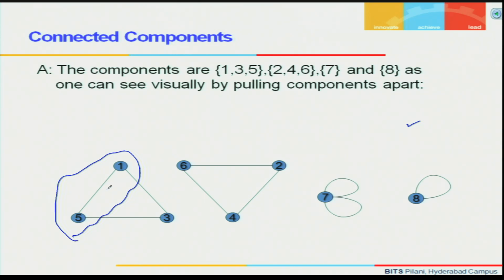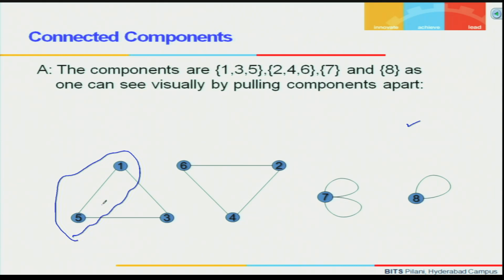Definitely it is a subgraph, because the vertex set, that is {1, 5}, is a subset of the vertex set of the graph that we have got. What is the vertex set of the graph? It is 1, 2, 3, 4, 5, 6, 7, 8, and {1, 5} is a subset of that, and the edge set of {1, 5} is definitely a subset of the edge set of the original graph. Hence this is a subgraph.